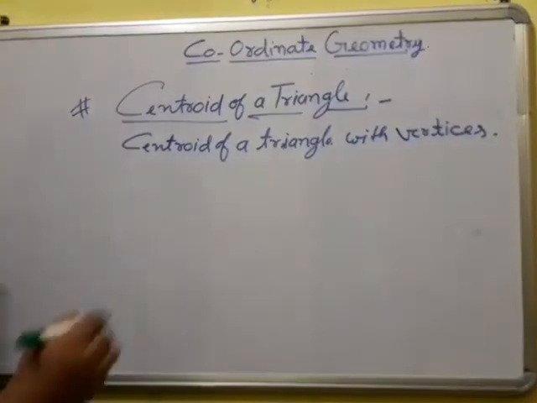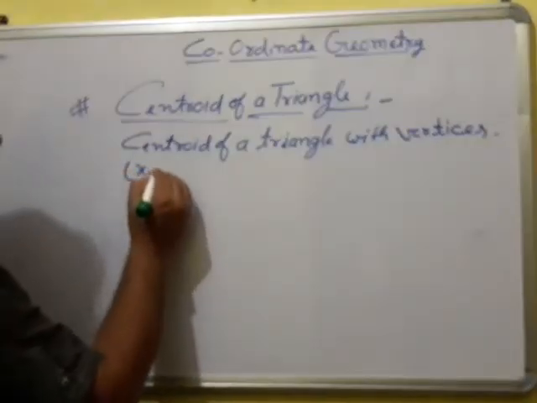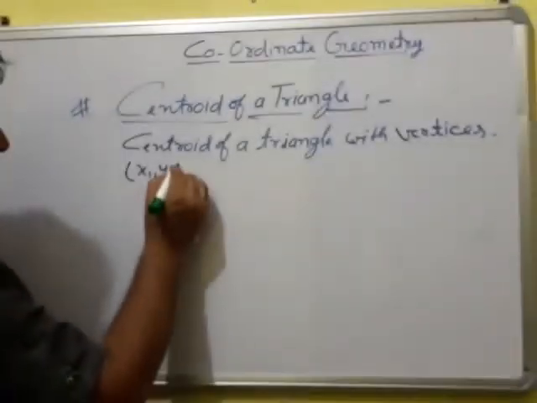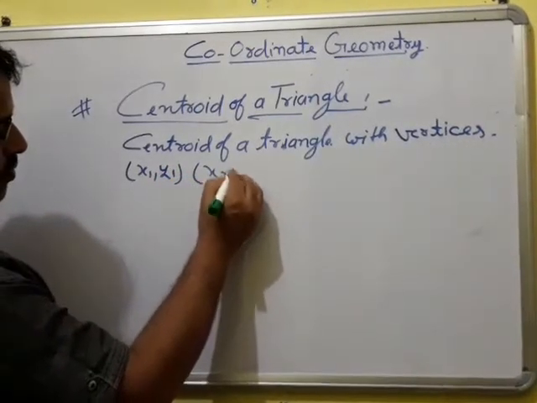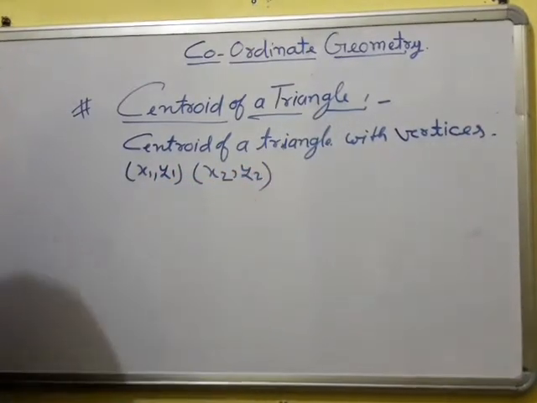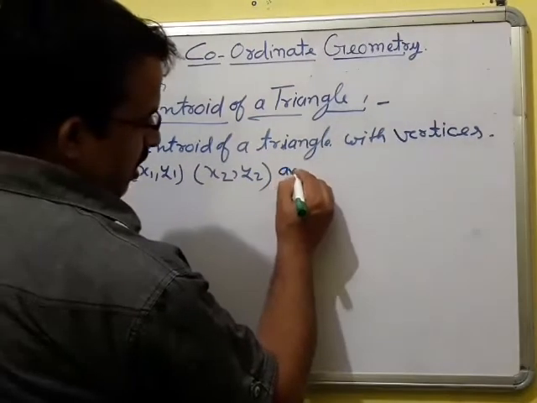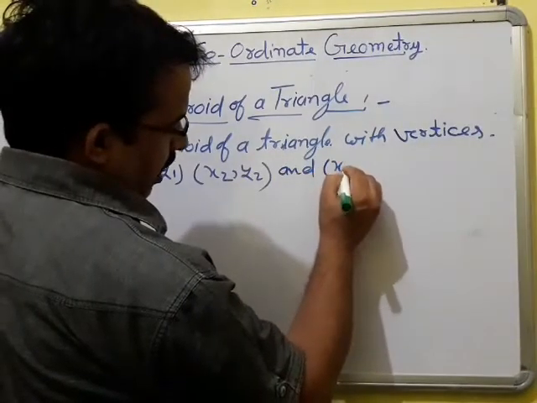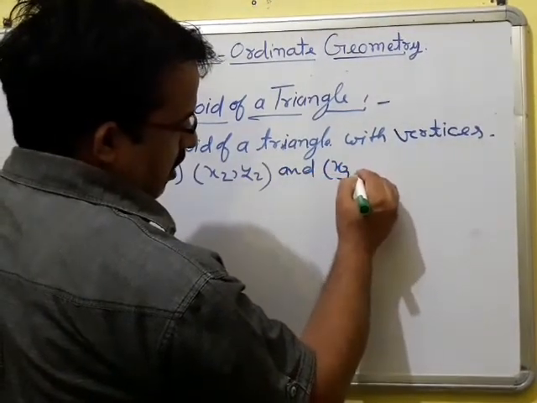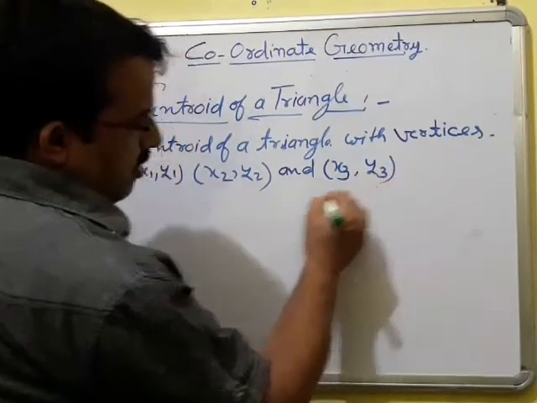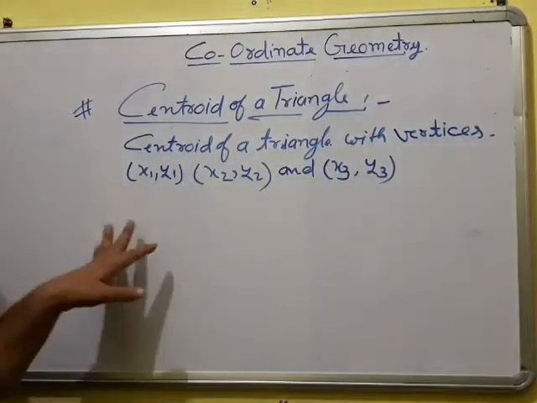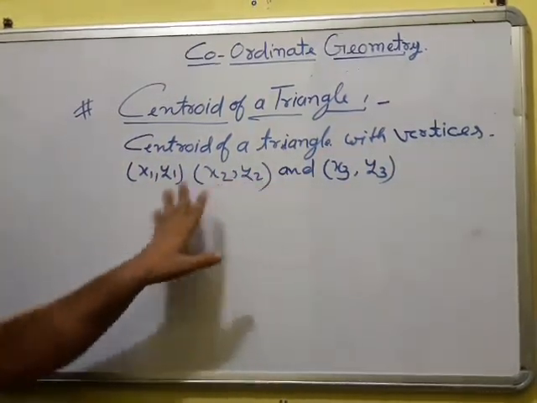(x1, y1), (x2, y2) and (x3, y3). Here the triangle has three sides with three vertices.